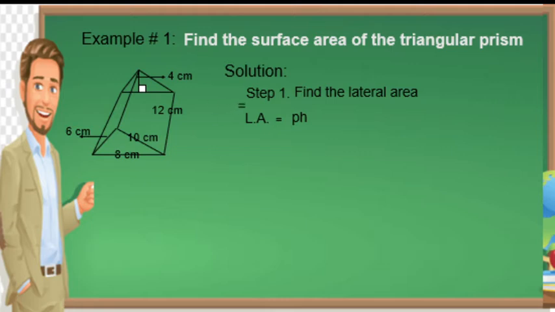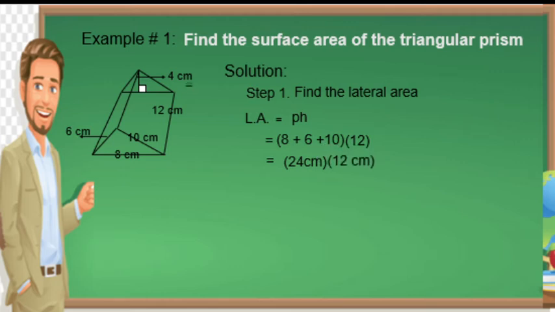So that is equals to 8 plus 6 plus 10. So that is the perimeter multiplied by its height or length, which is equals to 12 centimeter. So 8 plus 6 plus 10 is equals to 24 centimeter times 12 centimeter.